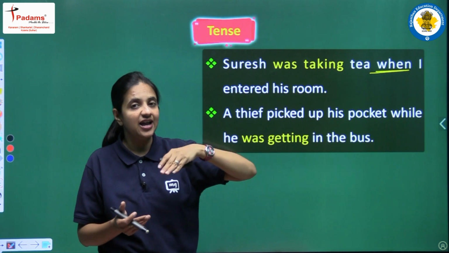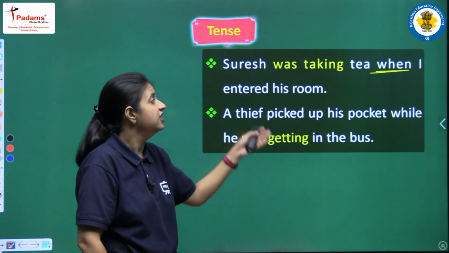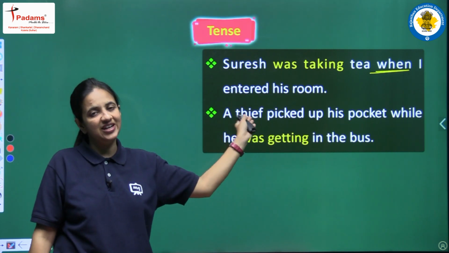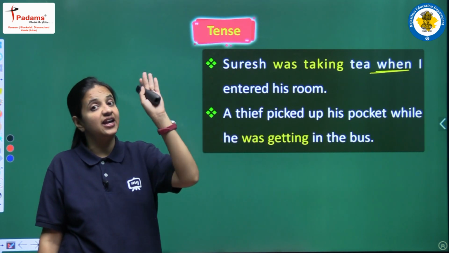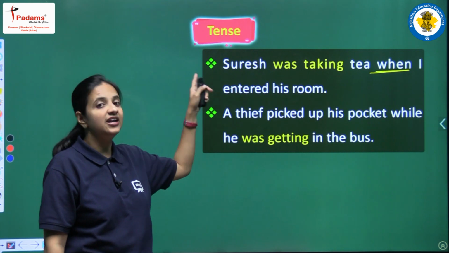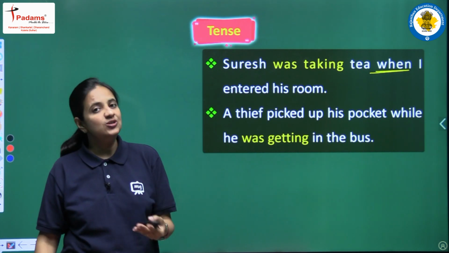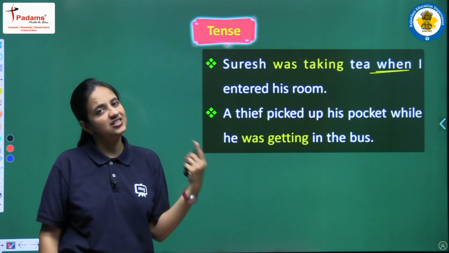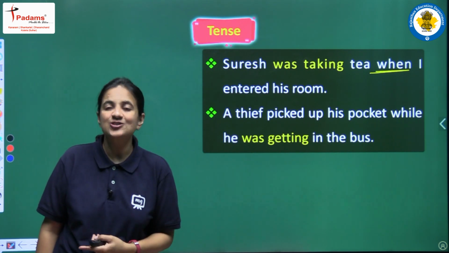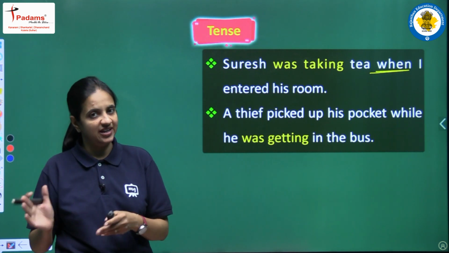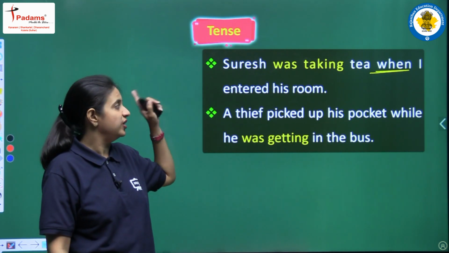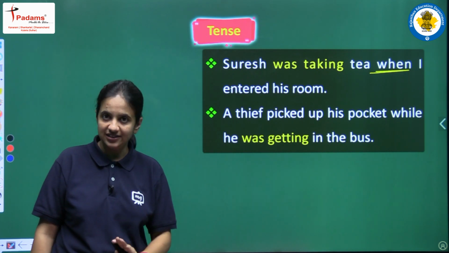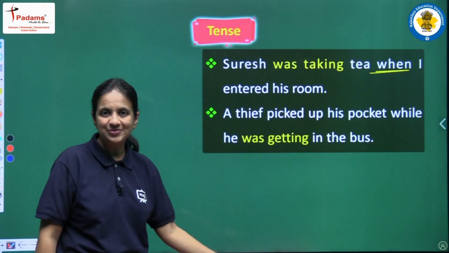So at that time, when Suresh was taking tea, I entered his room. So this was the activity that took place at that time. In the first activity that was in progress, we will use past continuous tense, and in the second activity that just took place, we will use past simple tense. So the sentence will be Suresh was taking tea when I entered his room. Clear?